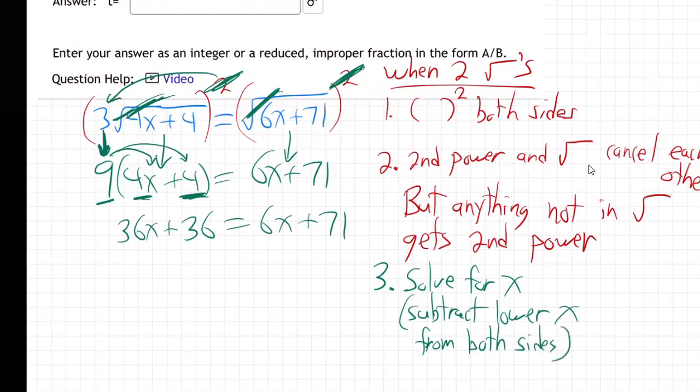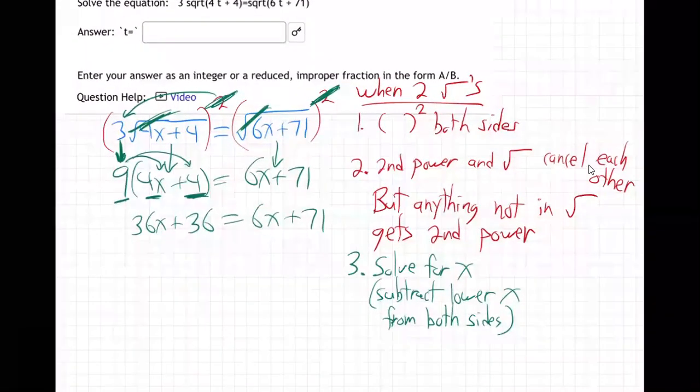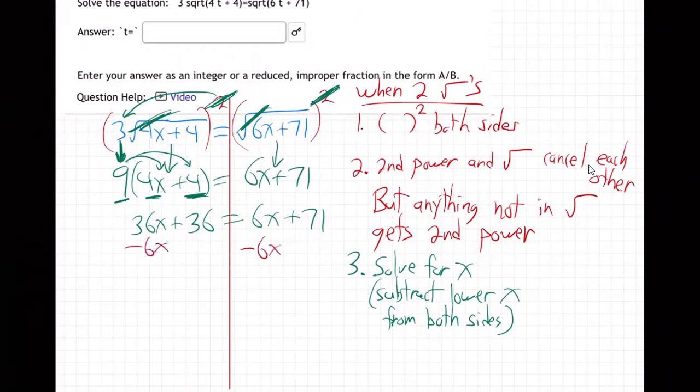So we're going to solve for x, subtract the lower x from both sides. So I'm going to come in here. Here's the wall. And I'm going to subtract 6x, subtract 6x from both sides. What do we got? 30x.